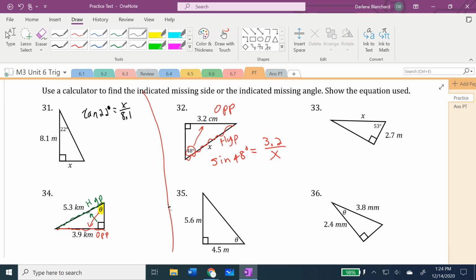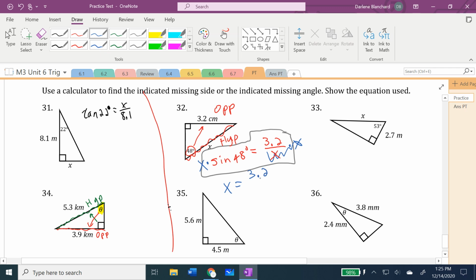First, you have the equation. Write out the equation, and then you can go straight to the answer from there or show a few steps if you want. I multiply both sides by x. And then x is equal to 3.2 divided by the sine of 48 degrees.